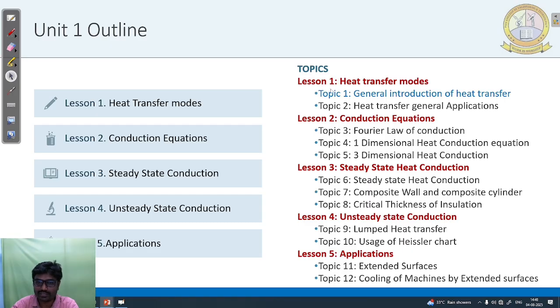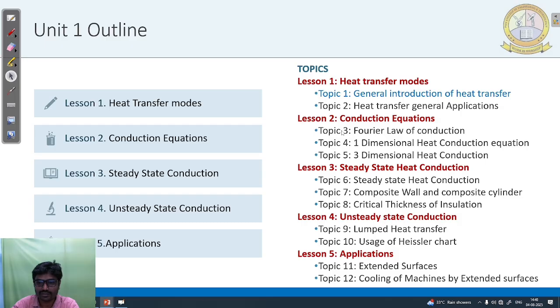You could see lesson 1 starts with the heat transfer modes. In that we are going to speak about two topics. The first is the general introduction of heat transfer, and the second is the general applications of heat transfer. In lesson 2 we are going to see the conduction equations.